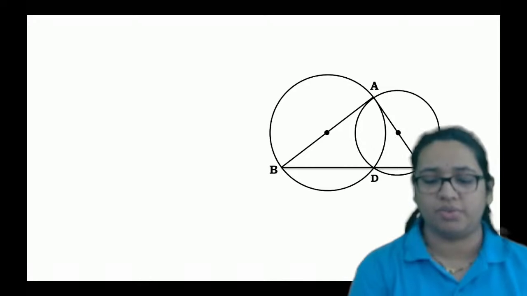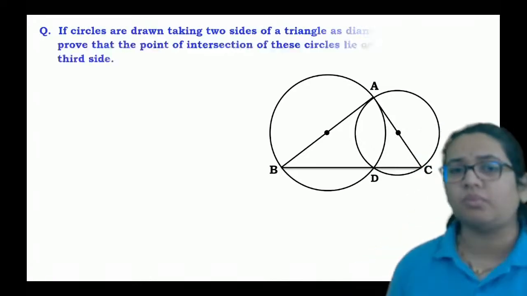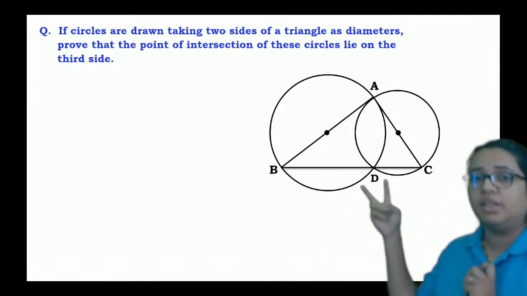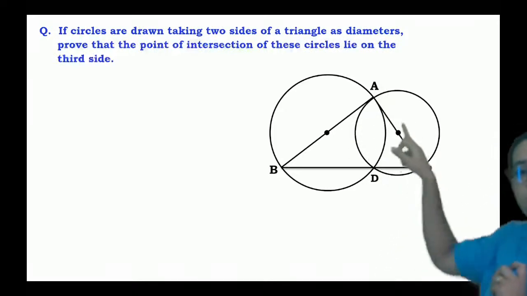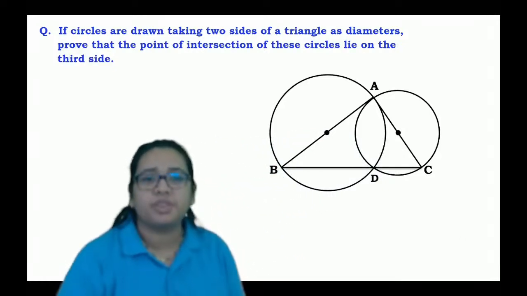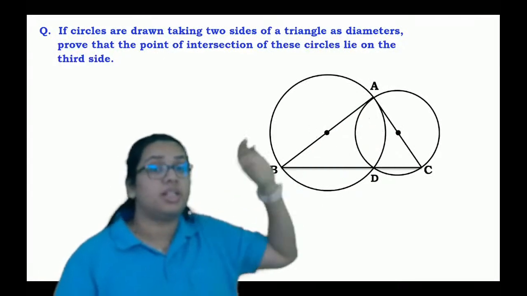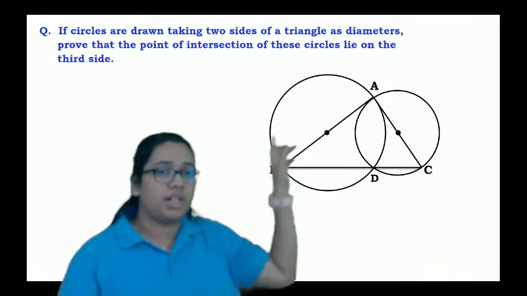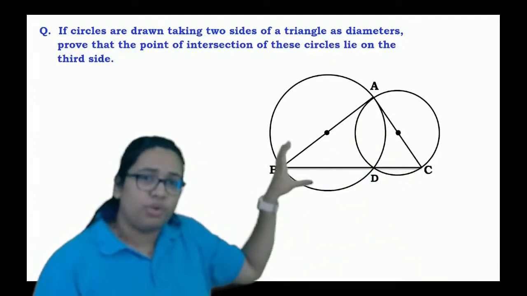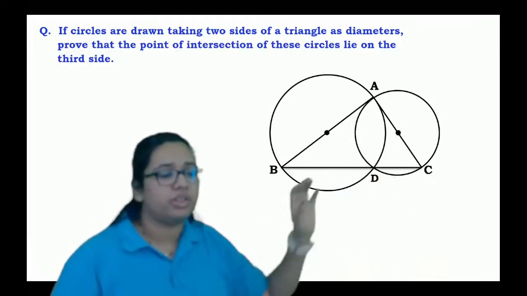So now you have this question. I can see there are two circles intersecting at two different points A and B. The question is that circles are drawn taking two sides of a triangle as diameters. If ABC is a triangle, then AB will work as a diameter for the larger one and AC will work as a diameter for the smaller circle.